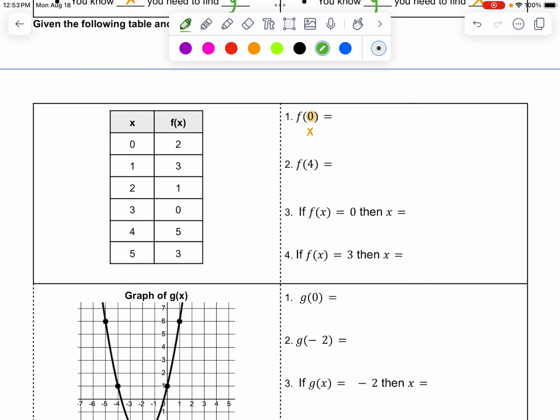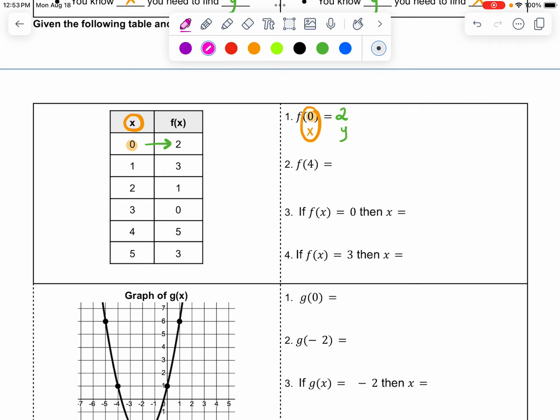That also means that the number I'm looking for is y. So on my table, I'm going to find the number 0 in the x column, which is right here. The corresponding number from the y column is 2, so that's my answer.